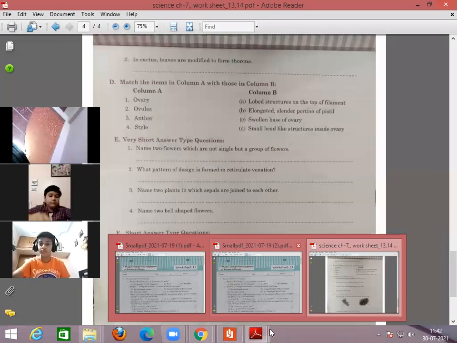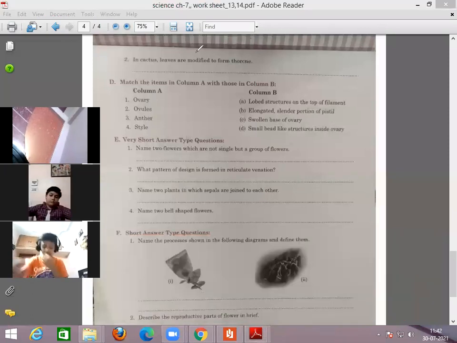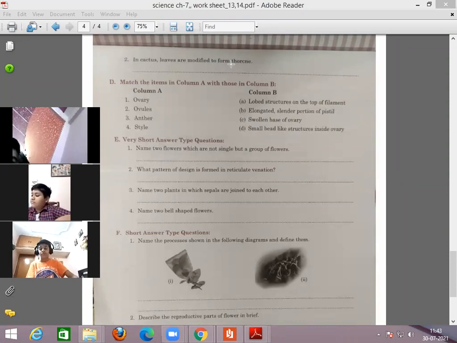So what can be the answer for it? In cactus, leaves are modified to form thorns. Tell me. Anybody of you?